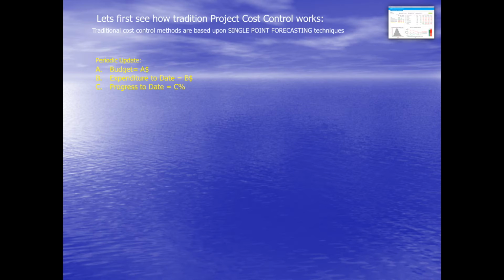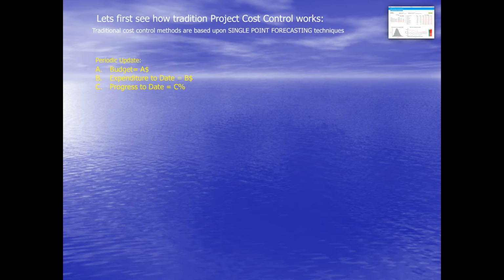In single point forecasting, we're mostly concerned with these three numbers per activity. These three numbers represent one particular period, report period, except the budget, which is the total duration of the activity.